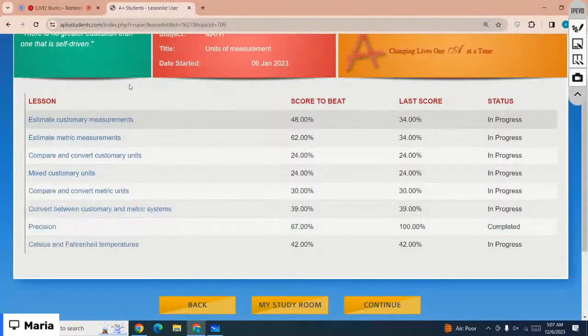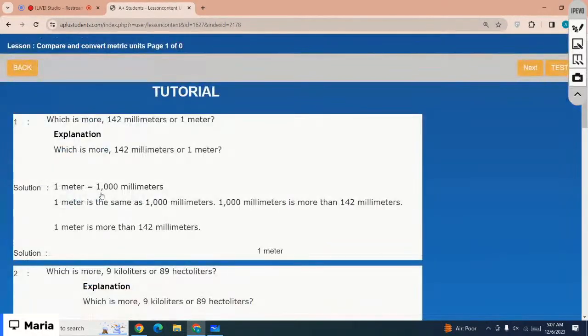Here I'm on grade 7 math. We're working on the chapter unit of measurement and the lesson is compare and convert metric units. Which is more, 142 millimeters or 1 meter? Whenever you compare two values, you make sure they both are in the same units.